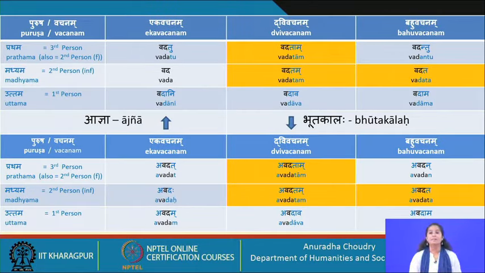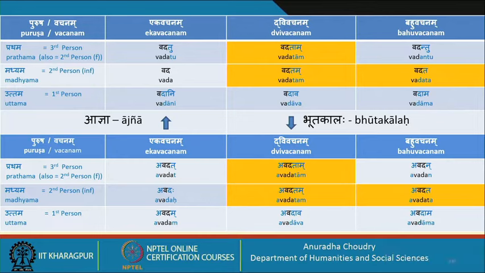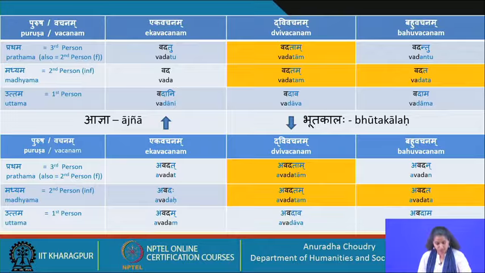So now when you look at the past forms, we notice a similarity again. So tam tam ta is there, but what more and what less? Because it is the past tense, you have to add the a before. So it becomes avadat, avadatam, avadan, avadah. The difference between the lot and the bhutakala for the tvam is that vada becomes avadah.